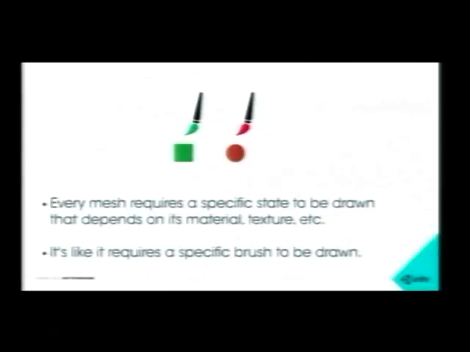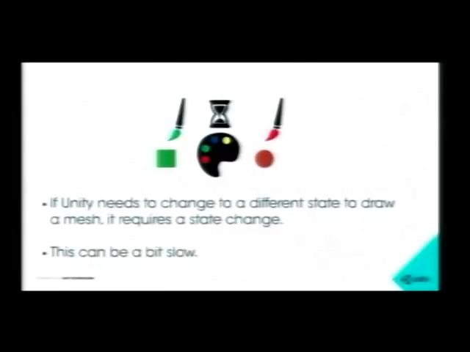It's like when you render a mesh, it requires a specific brush to be drawn, to use a painting analogy. If Unity needs to change to a different state to draw a mesh, this requires an internal state change in Unity. And this can be a little bit slow.